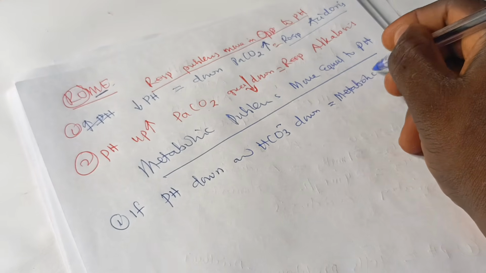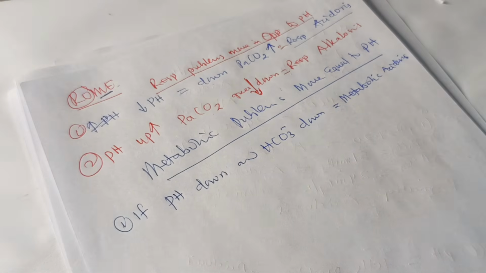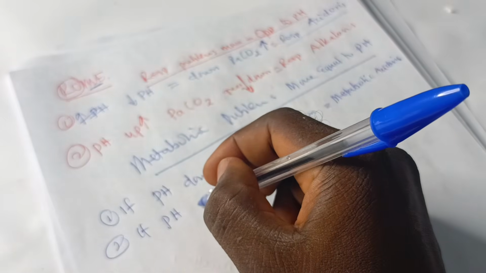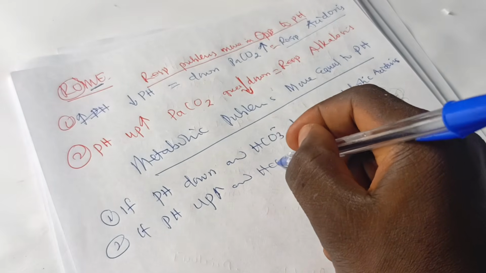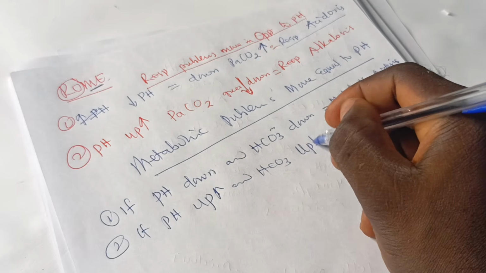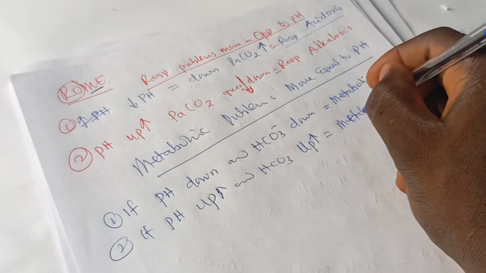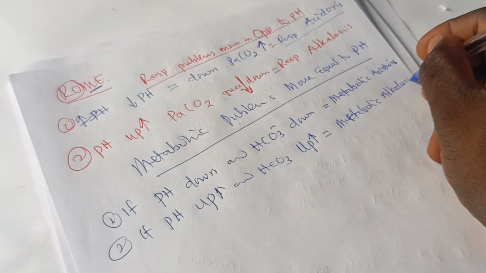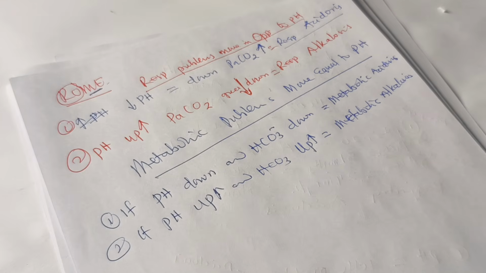Metabolic acidosis. Likewise, if pH goes up and this one also goes up, what do we have? Metabolic alkalosis. Very, very simple.